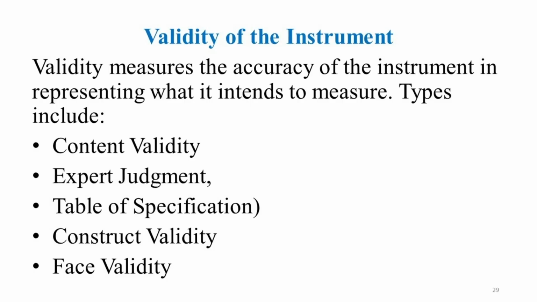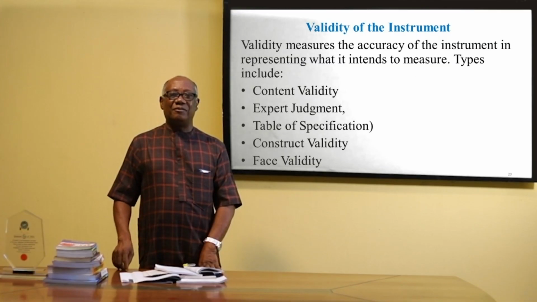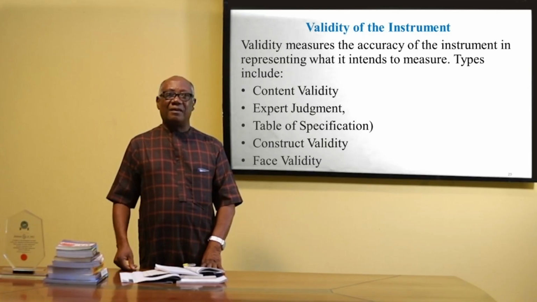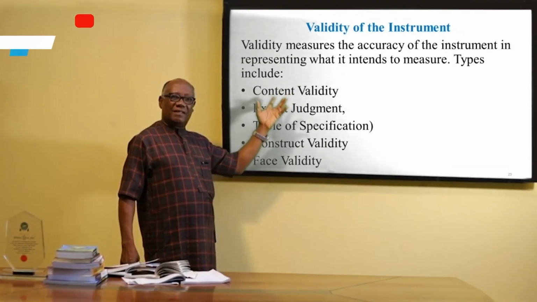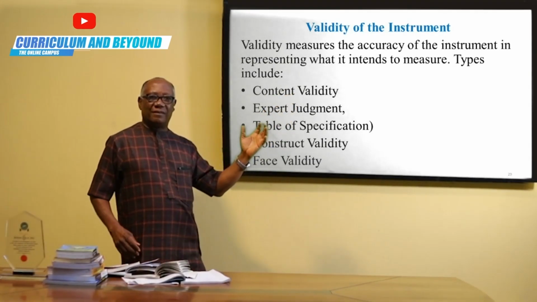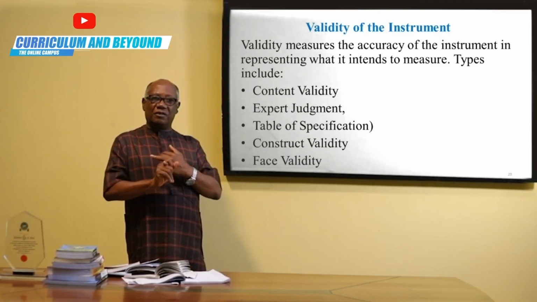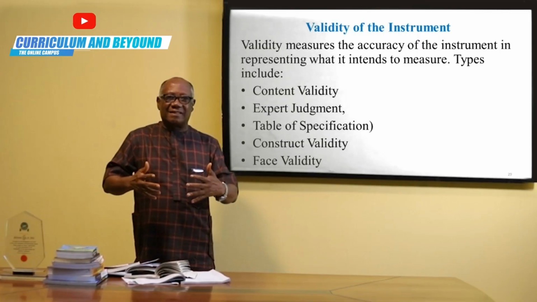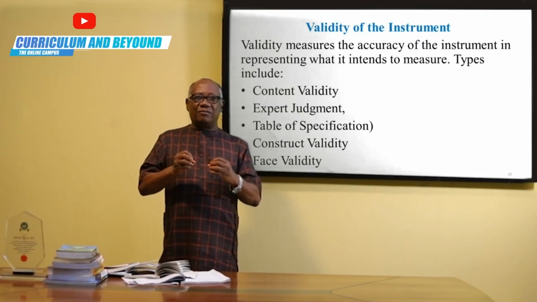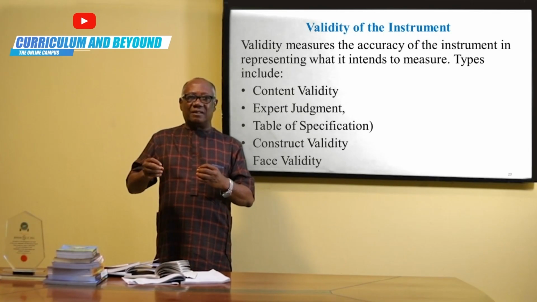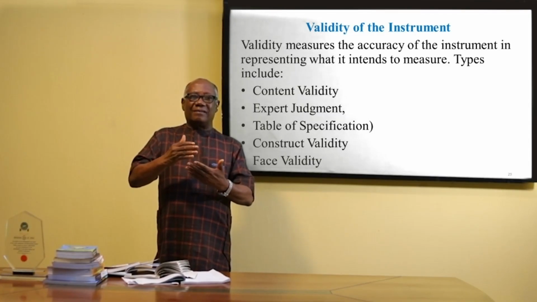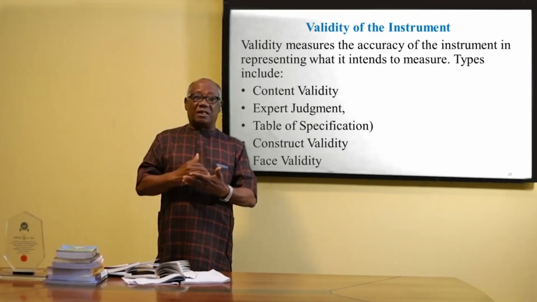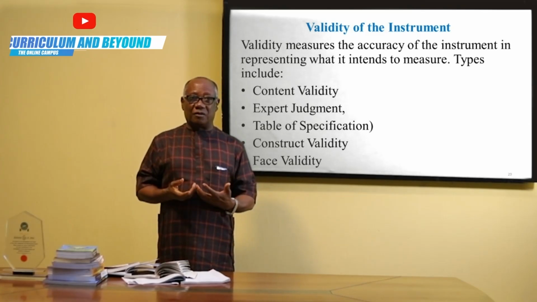We are going to talk about how you use content validity. Why do we do validation for our instrument? Now, you do validation for your instrument to enable you convince readers that the data you collect with the instrument you use for your research can support decisions and policy measures that are going to be taken from the outcome of your study.